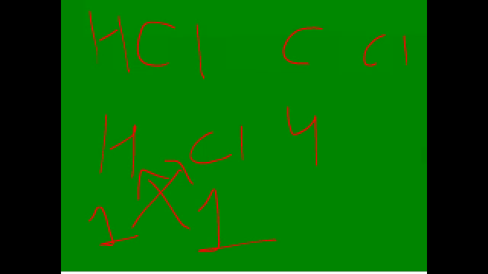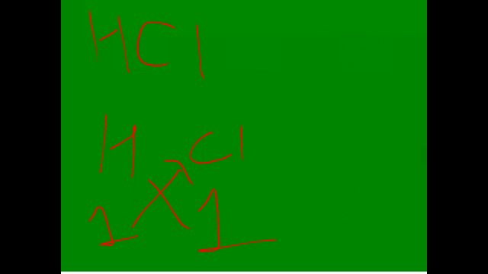And the valency of chlorine is 1, right? Now we will cross over. So 1 will go with carbon and 4 will go with chlorine. So CCl4, 1 we never write. This is the formula of carbon tetrachloride. You have to learn the valencies. I am telling you, you have to learn the valencies.